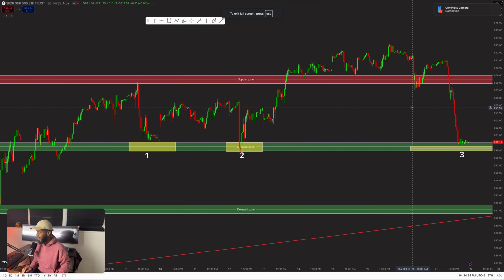If the S&P 500 is sitting at a really nice demand level, I wouldn't be looking to be shorting other stocks. If I see the S&P 500 losing a demand level, then I would be looking for a short position on stocks, or I would feel more confident in a short position, and I would probably be avoiding taking long positions. You can see the S&P 500 dropped, and that caused all the other stocks to also follow along.